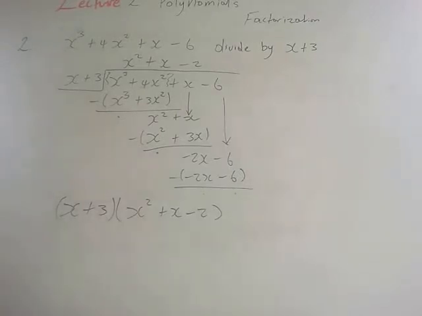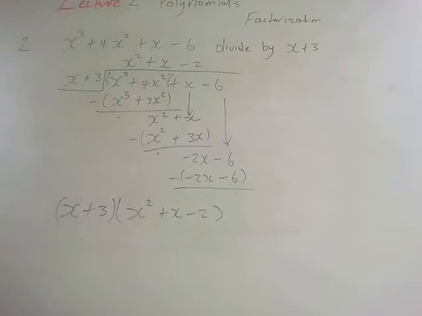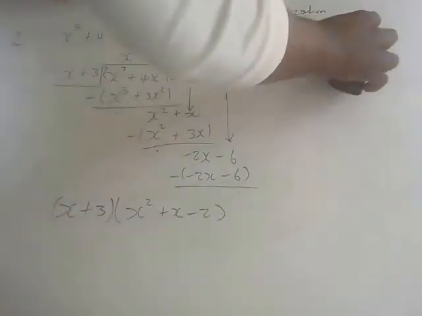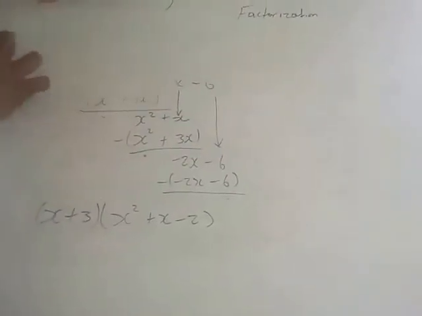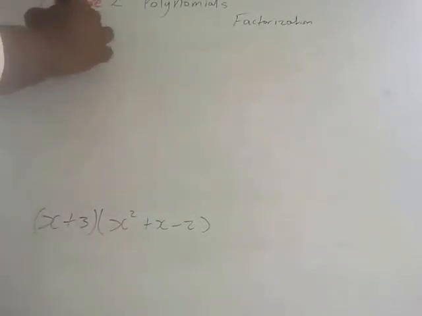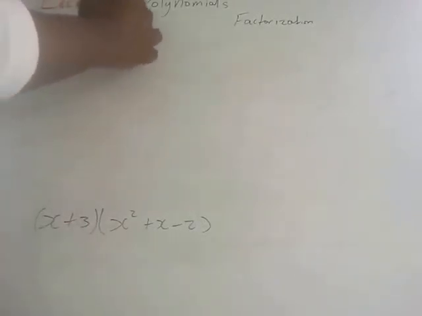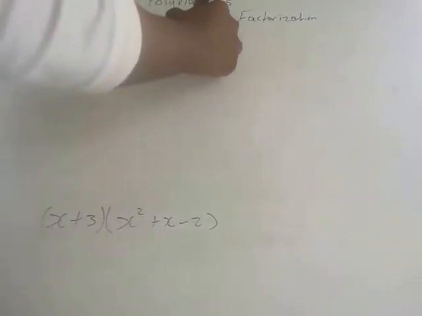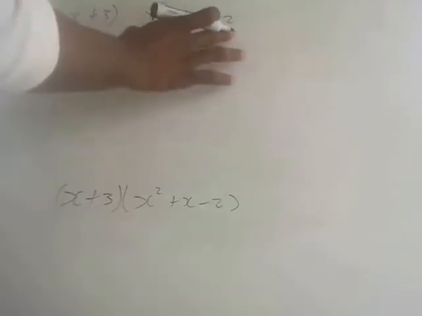Now what if the question asks us to factorize completely? We would do something like this. We would write x plus 3, and this quadratic expression, we would then further factorize.